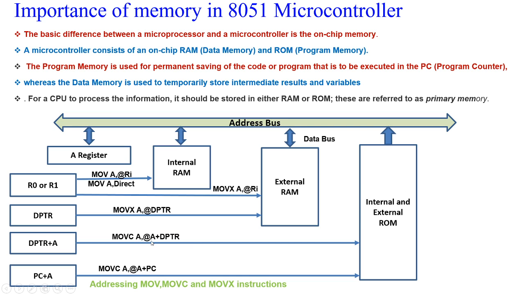So @A+DPTR: the contents of the accumulator and DPTR are added, and that gives the address of external memory whose content is moved into the accumulator. @A+PC, program counter plus accumulator, also gives the address of external read only memory. Using this instruction, the content of that memory address is moved into the accumulator register. So these are the various commands to access the memories.